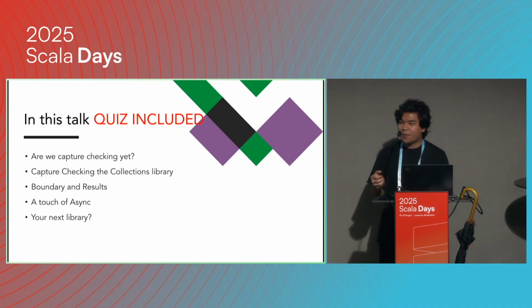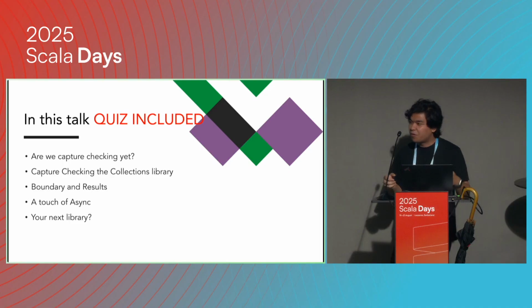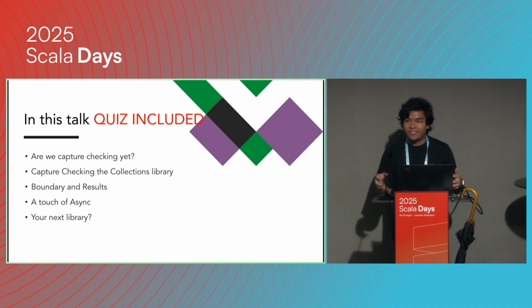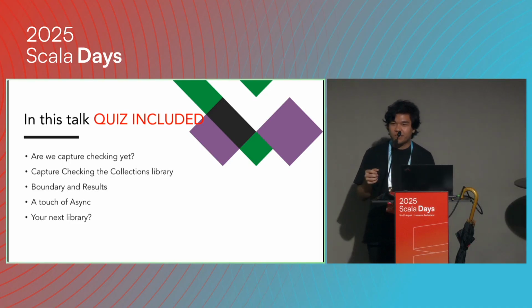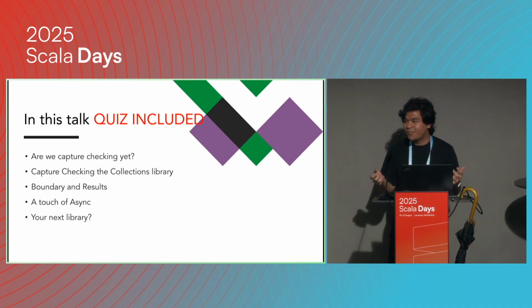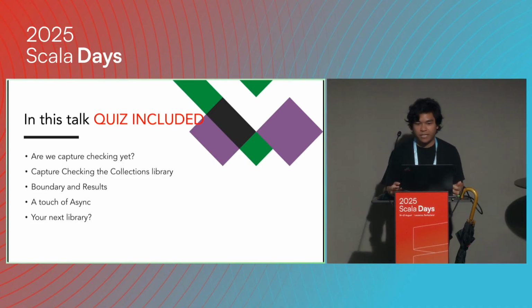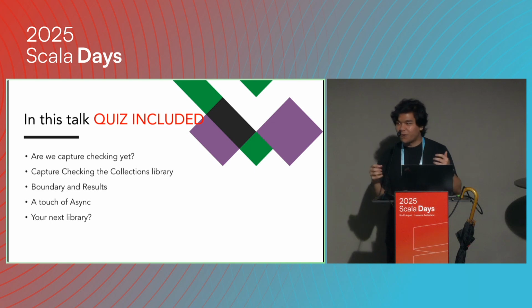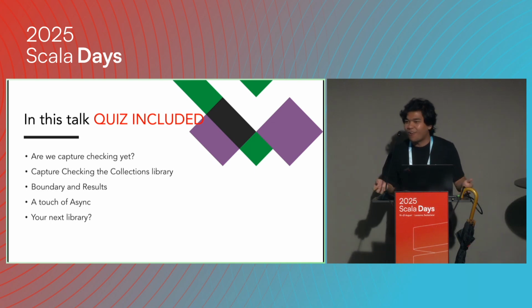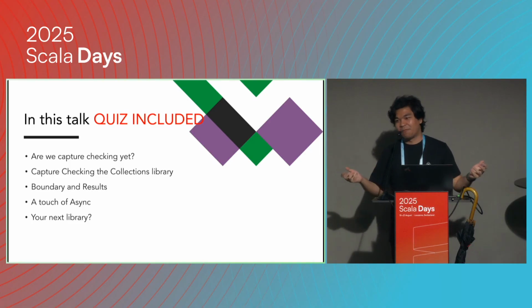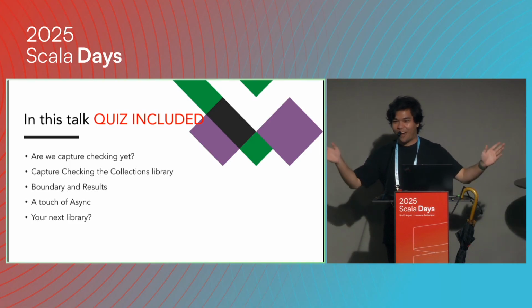We're going through a little bit of the collections library, some of the new stuff we have in Scala 3, as well as some of the small stuff that we have built over time, just to see what kinds of more convenient Scala we can build with capture checking. And also, maybe coming out of this talk will be some kind of guidelines about how to integrate capture sets into your own library as well. But I expect this to be mostly like a rant about everything.